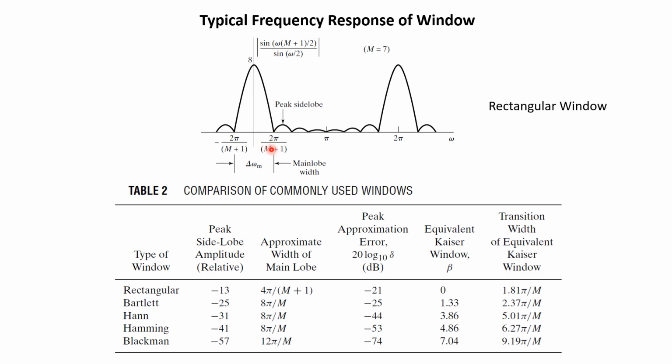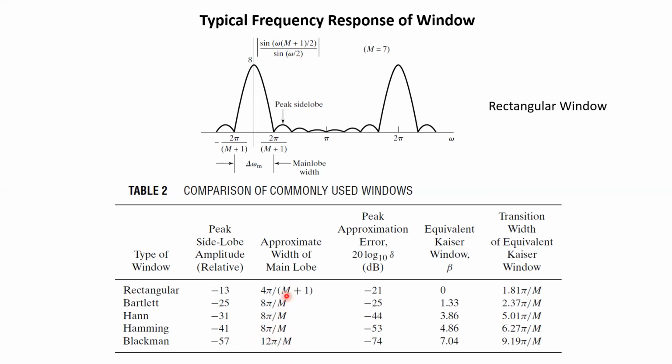So here you can see for the rectangular window, the approximate width of the main lobe is given by this equation, 4 pi divided by capital M plus 1. Similarly, for other windows, the approximate width of the main lobe is given by the corresponding equations, like 8 pi by capital M, and 12 pi by capital M for the Blackman window, right?